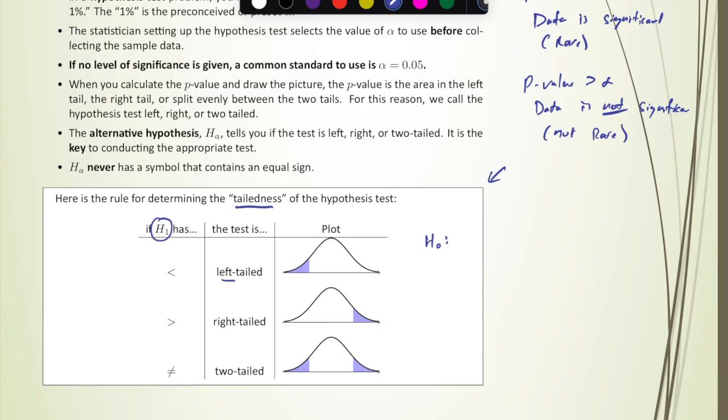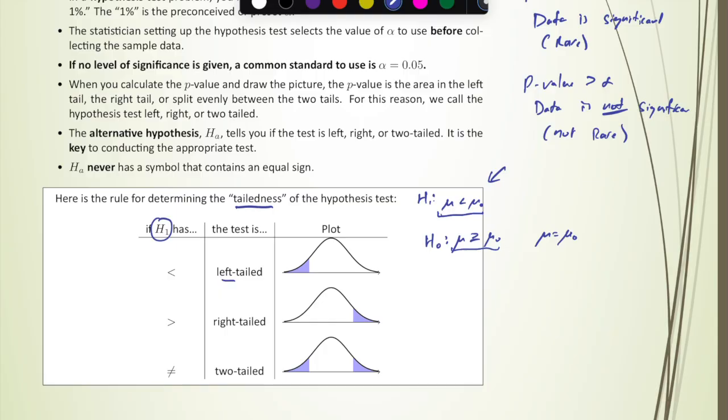Well, let's say that this was with mu less than mu naught. That's our alternative hypothesis. Well, then our null hypothesis was something like mu greater than or equal to mu naught. Of course, I like to just always consider the null hypothesis as having equality. But the opposite of this hypothesis would be with greater than or equal to.